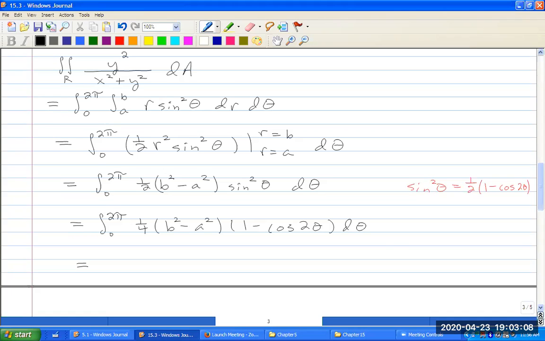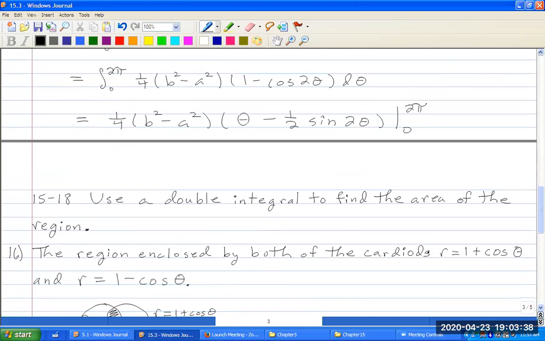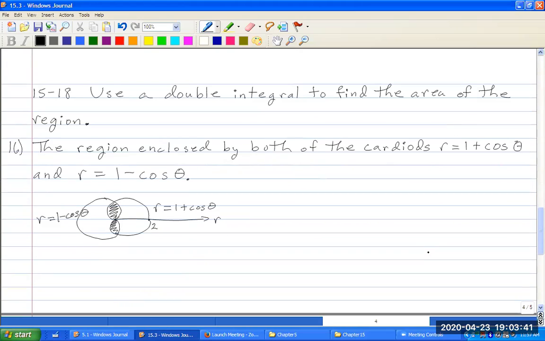So this is just 1/4 b squared minus a squared times theta, since the integral of 1 is just theta, minus the integral of cosine 2 theta, which is 1/2 sine 2 theta, between 0 and 2 pi. I'm actually almost done, so let's just pull this down.